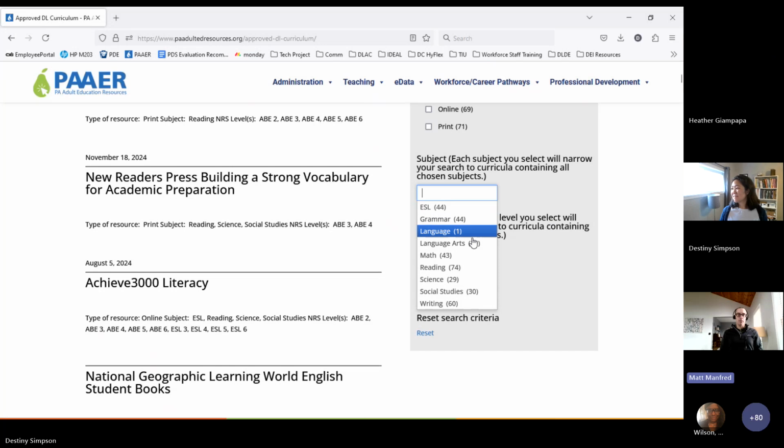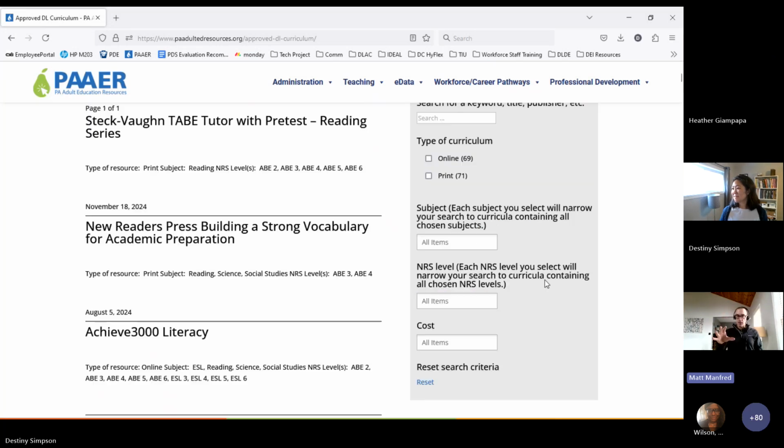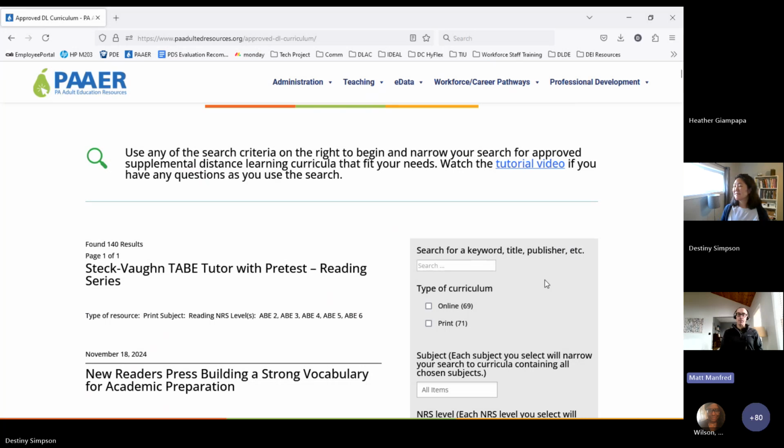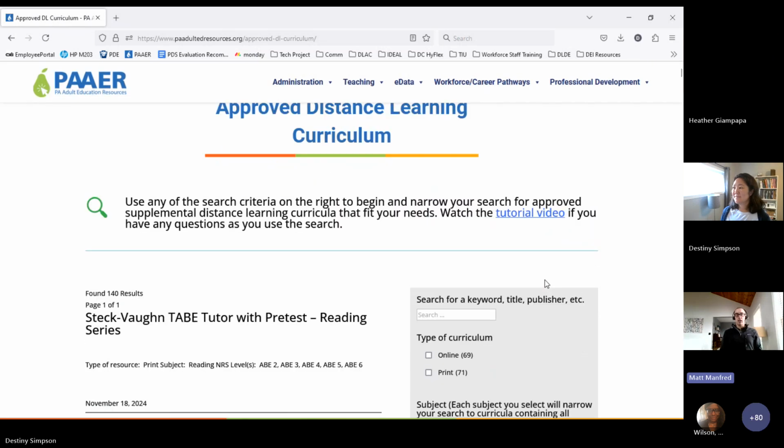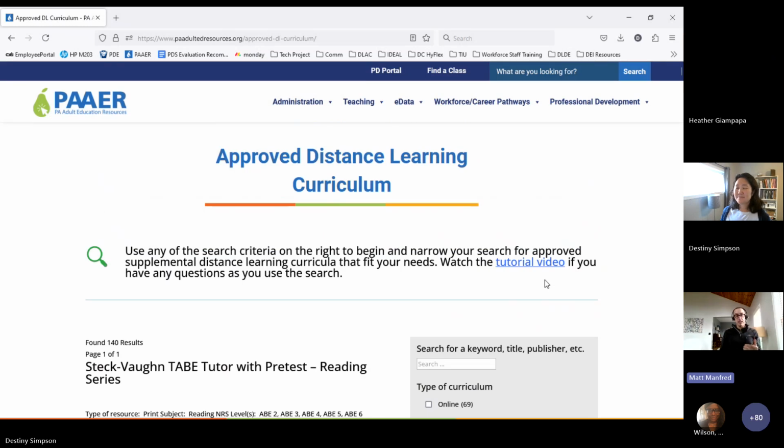I'm sure a lot of things you've seen before. Searchable, with fewer search variables for this search. But if you need a new math curriculum or what have you, there's 140 different resources here that we have vetted and looked at.